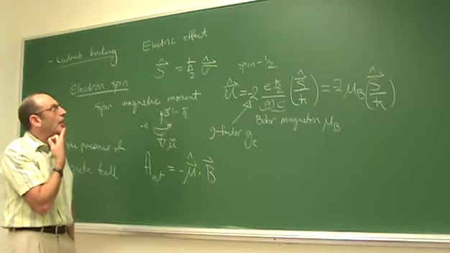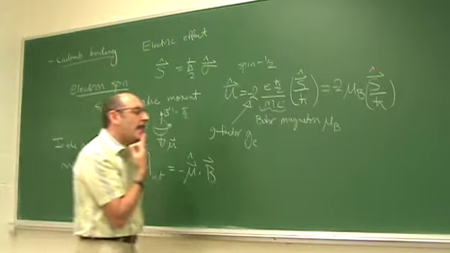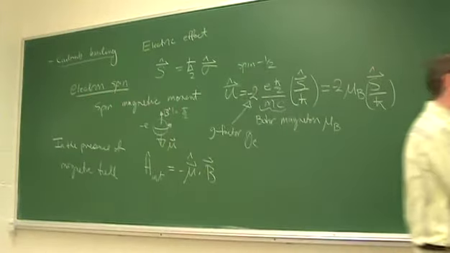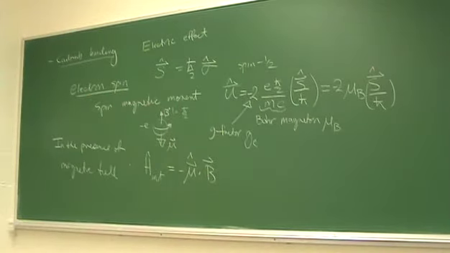In the context of atoms, is there a magnetic field in the presence of the electrons? And of course the answer is yes, because the electron is moving, has momentum, angular momentum, and it's moving in the presence of the nucleus.